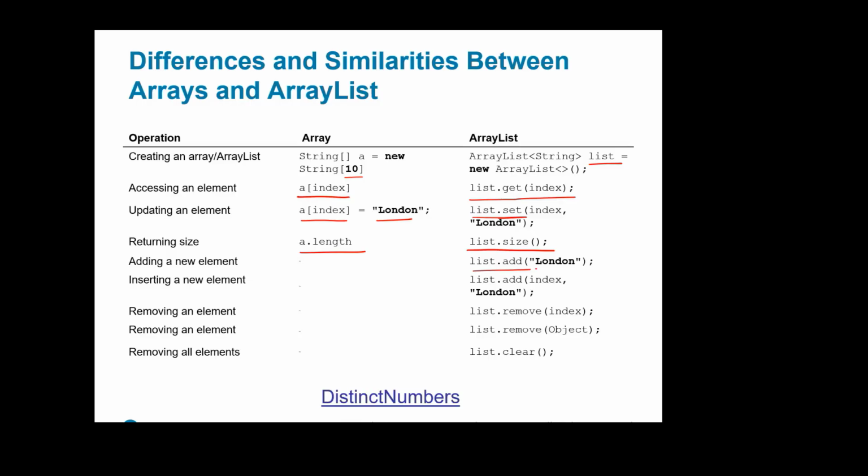So adding any element, London, or here, if we reach 10, we cannot add any more elements unless we create a new array. Then we can add at a particular index, London, so that is similar to this. We can remove a particular index, we can remove a particular object, we can clear the list. So those are some additional functionalities that are available in ArrayLists.